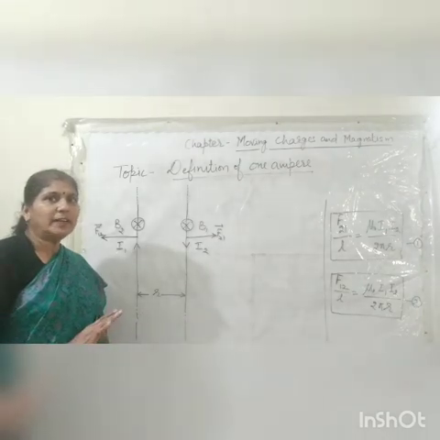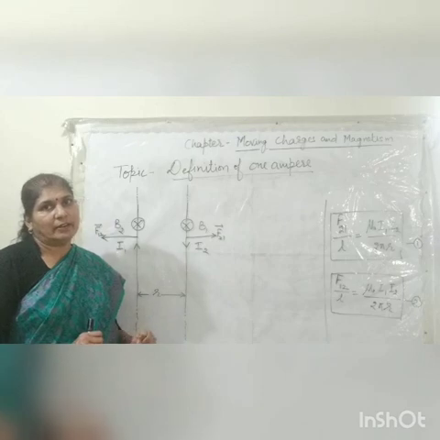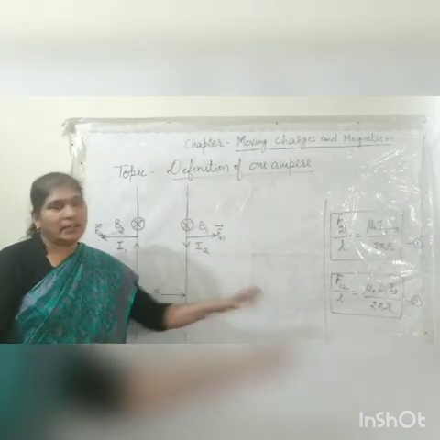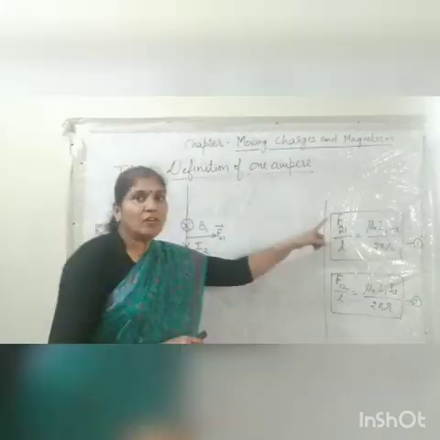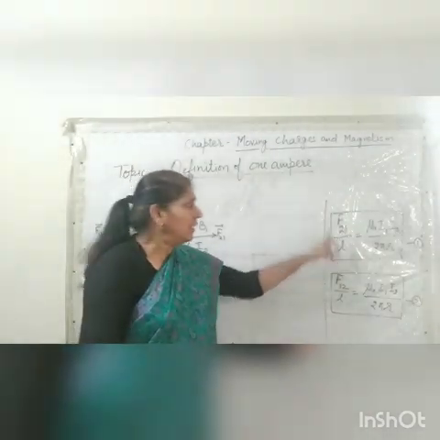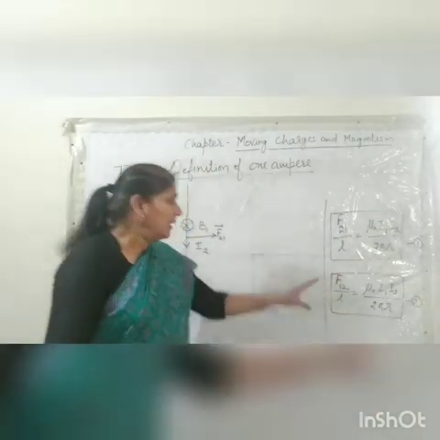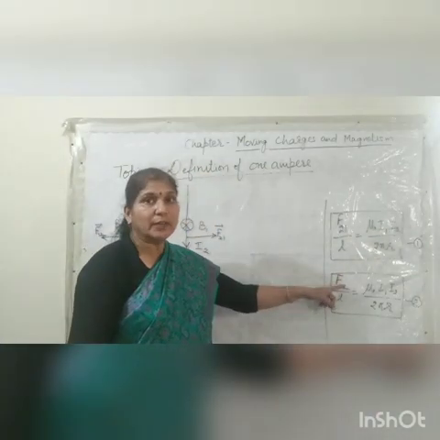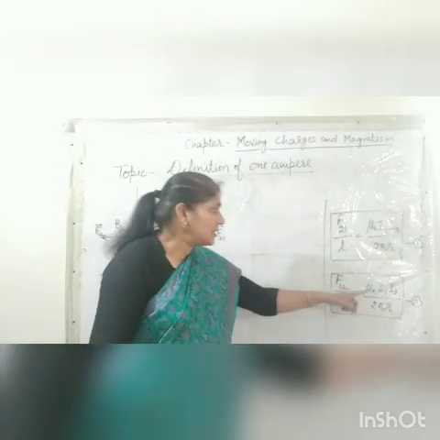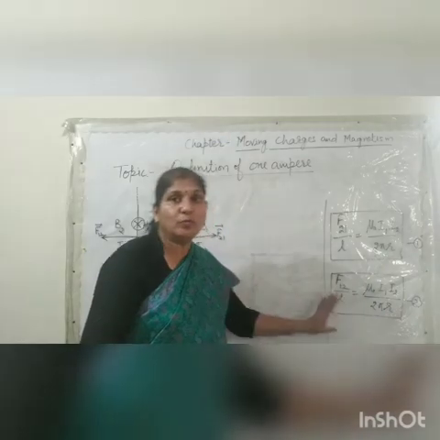Now after discussing it, we will define 1 ampere current from these expressions. As we have found, the force on conductor 2 due to the current in conductor 1 per unit length is mu naught I1 I2 upon 2 pi r. And similarly, the force on conductor 1 due to conductor 2 is the same, mu naught I1 I2 upon 2 pi r.